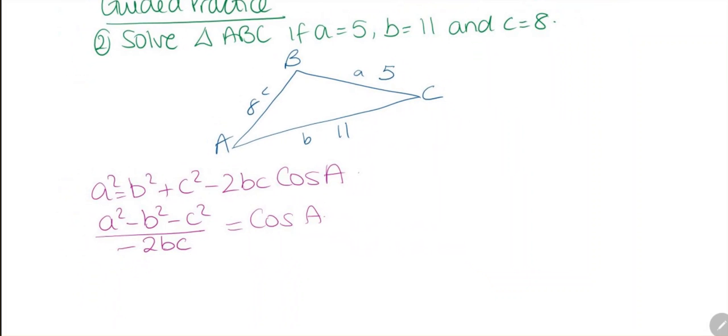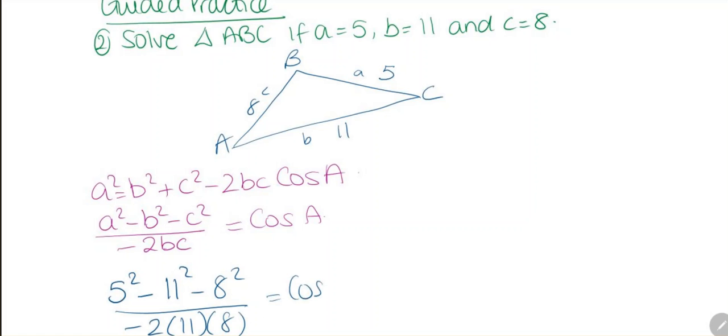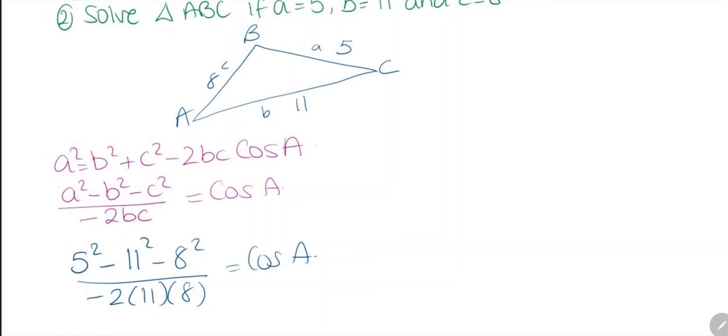So a squared is 5 squared. b squared is 11 squared. And c squared is 8 squared. And this is divided by minus 2 times b, which is 11, and c, which is 8. And this is equal to cos of A.